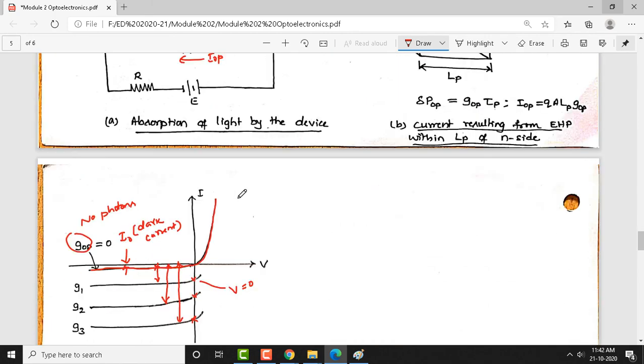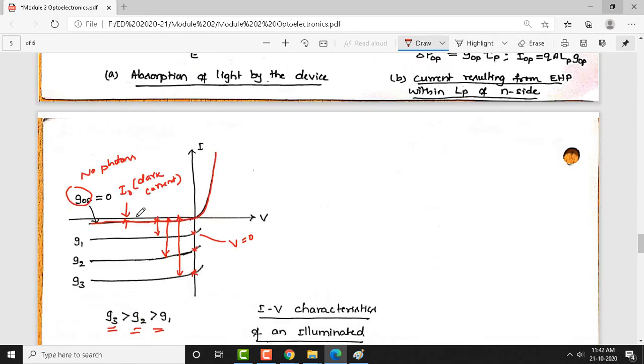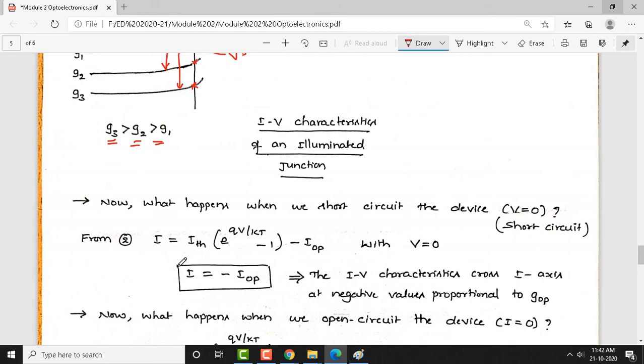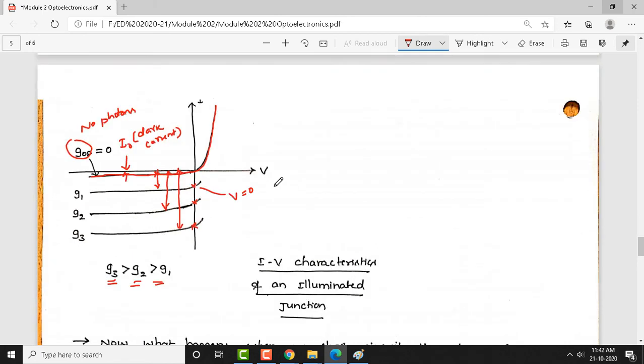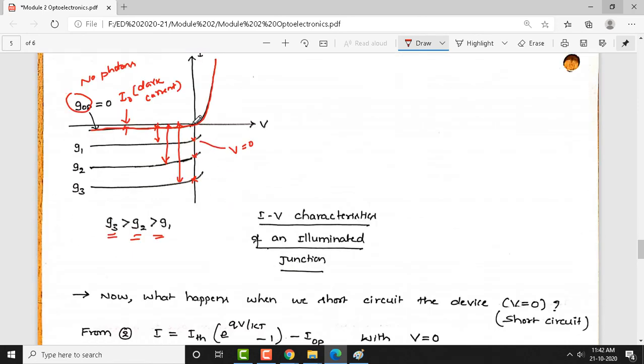So the current flows only because of the photons, and with that you can calculate the amount of current. I have separate material for this, which I will take up and discuss. Short circuit, and here you need to consider open circuit, because these curves will not stop here. These curves will extend even into the first quadrant, like this.